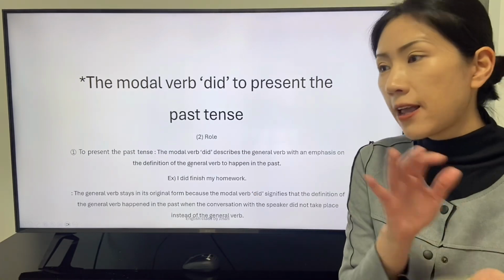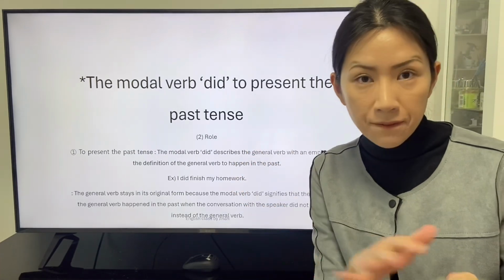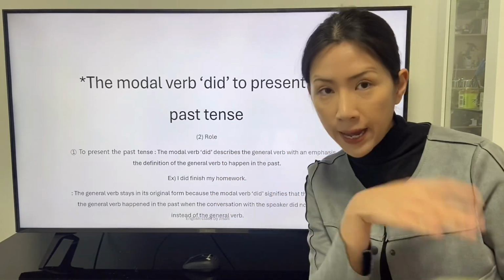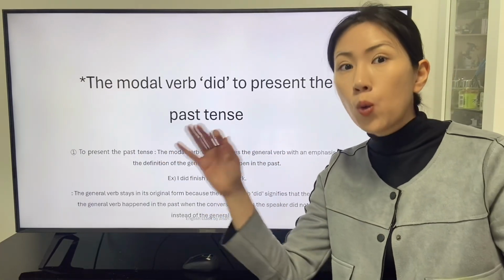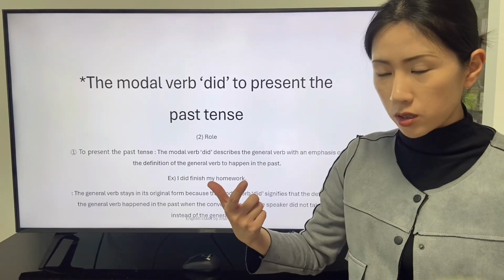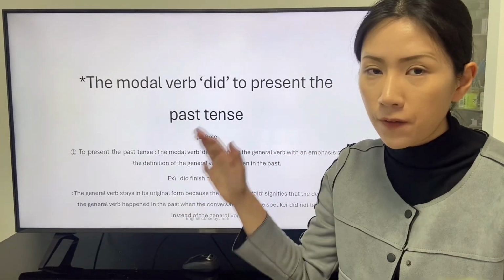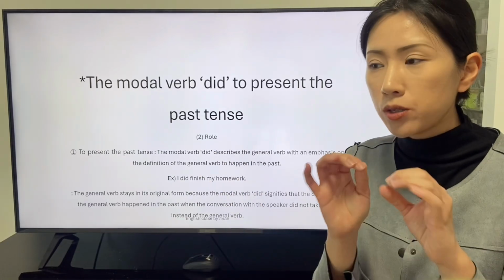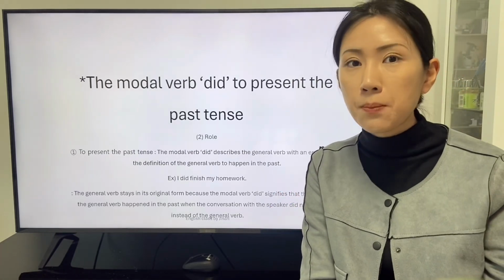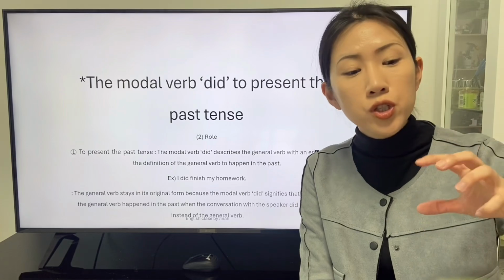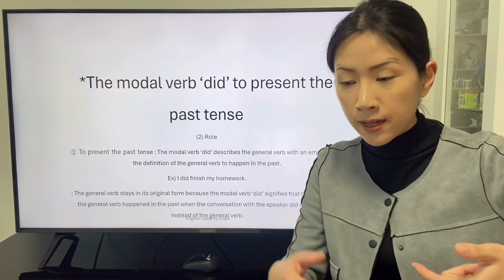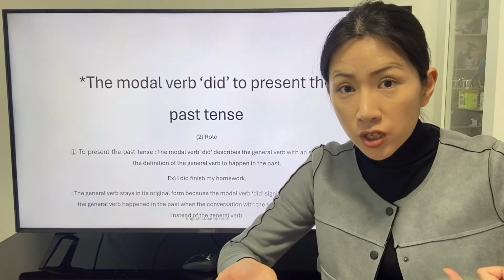The speaker who does not emphasize the definition of the verb finish in the past describes the verb with finished to reveal the past tense of a clause. But here the speaker wants to emphasize the definition of the verb happened in the past. So the modal verb to indicate the tense, did, and the verb finish are separated.